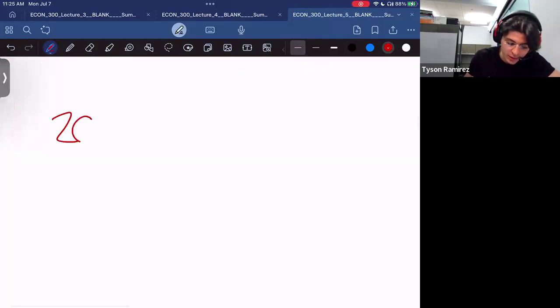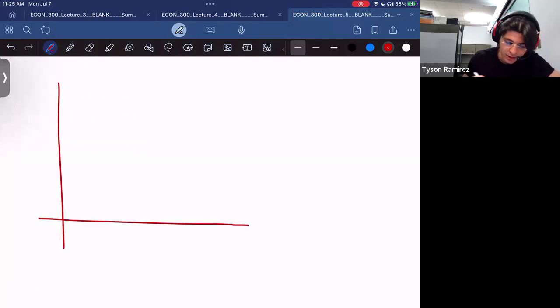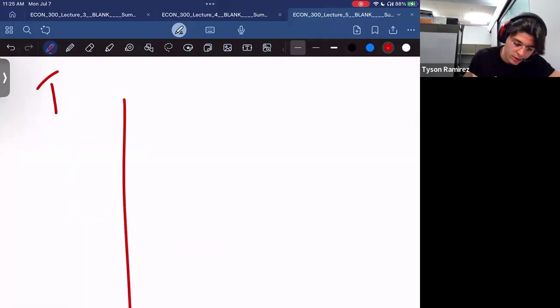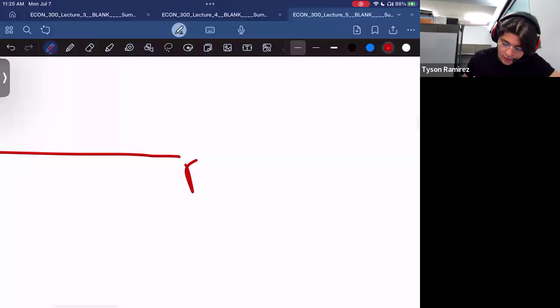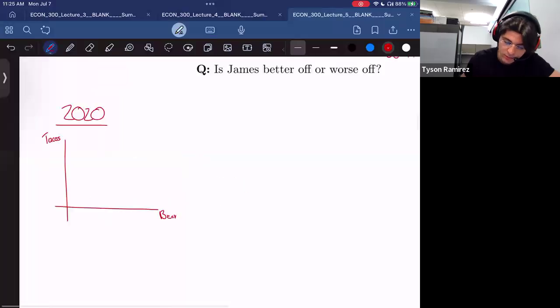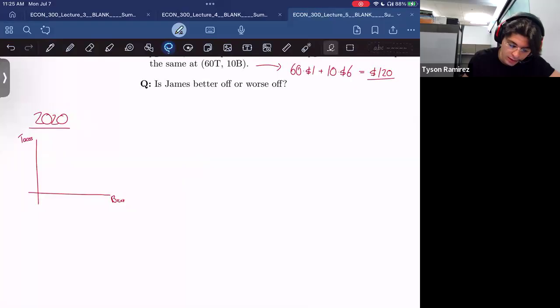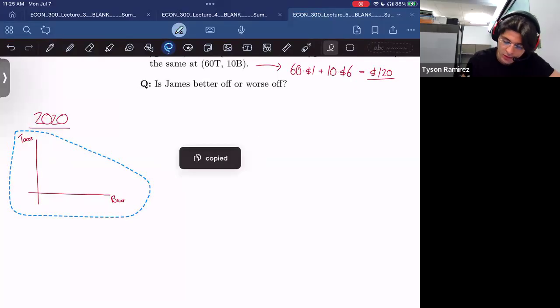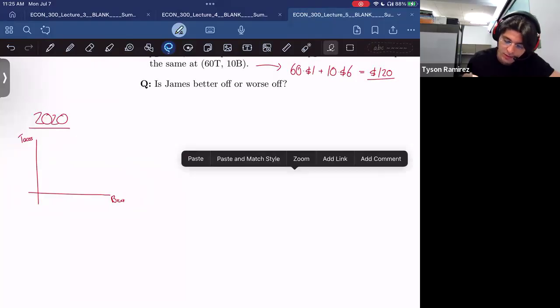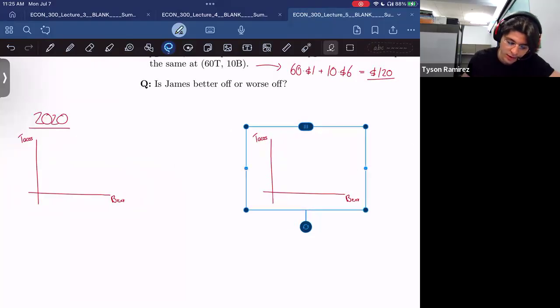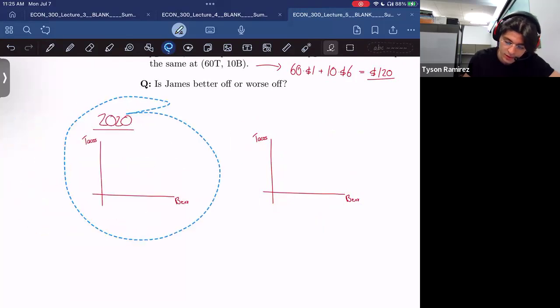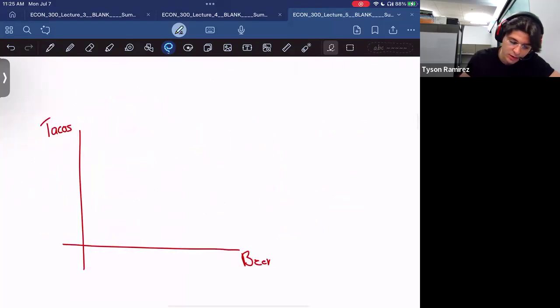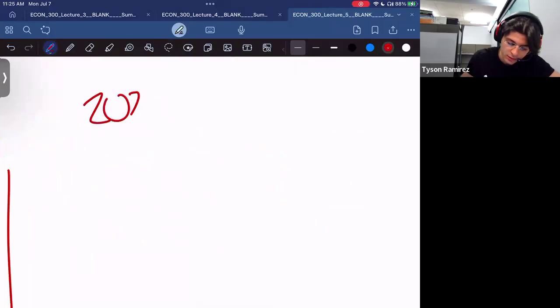In 2020, we had tacos and beer, and I want to compare this for 2020 to what it looks like in 2025. So let's get this right here, and then let's get this in 2025.